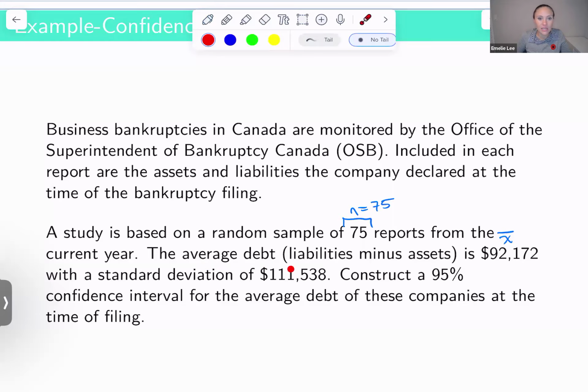The average debt, so the average, which is your X bar, is 92,172. And the standard deviation is 111,000, blah, blah, blah. So we'll call this S. And I want to construct a 95% confidence interval for the average debt of these companies at the time of filing.